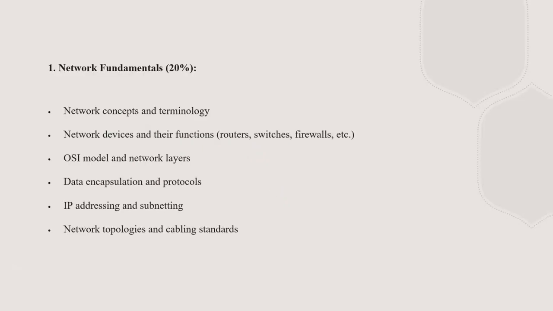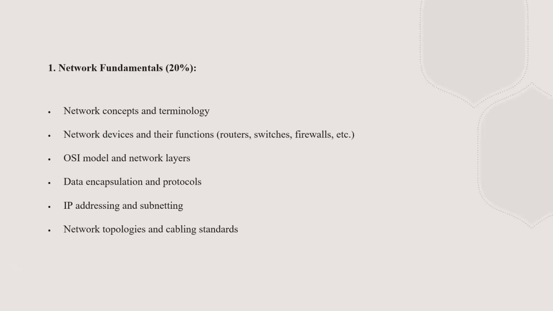The different areas start with network fundamentals, which is 20%. You must know concepts and terminology. Network devices and their function: what routers are and what they are used for, switches and their functionality, firewalls, which block unwanted traffic, and the OSI model, specifically the 7 layers.